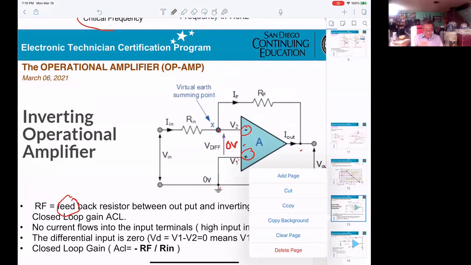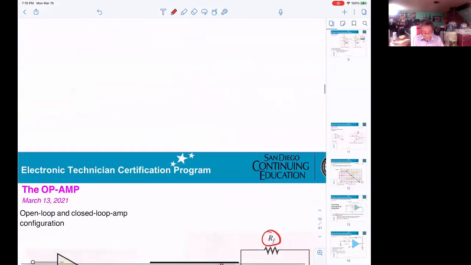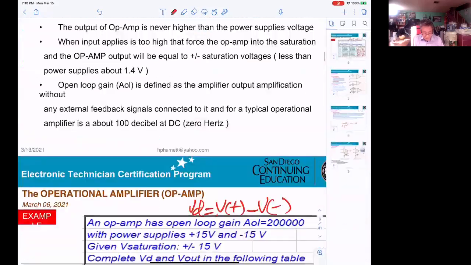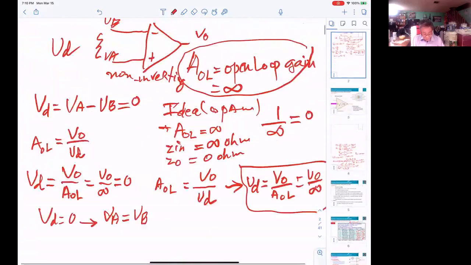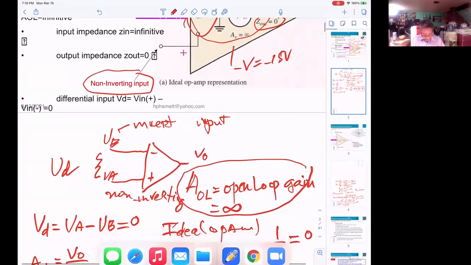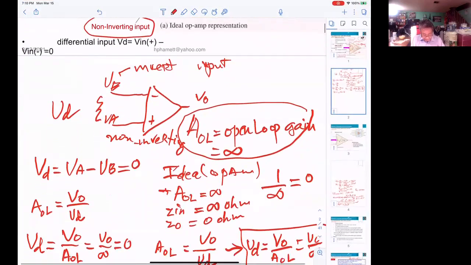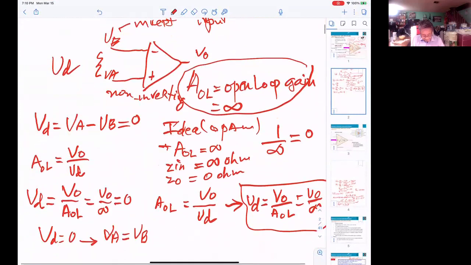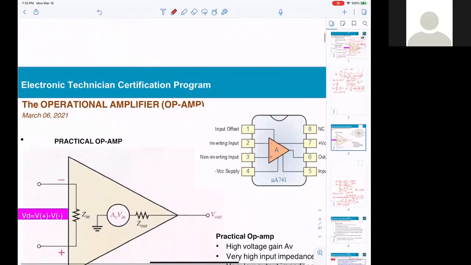If it's not, then you have to go back to the beginning. We already said here that the difference between VA and VB must be 0. Why?